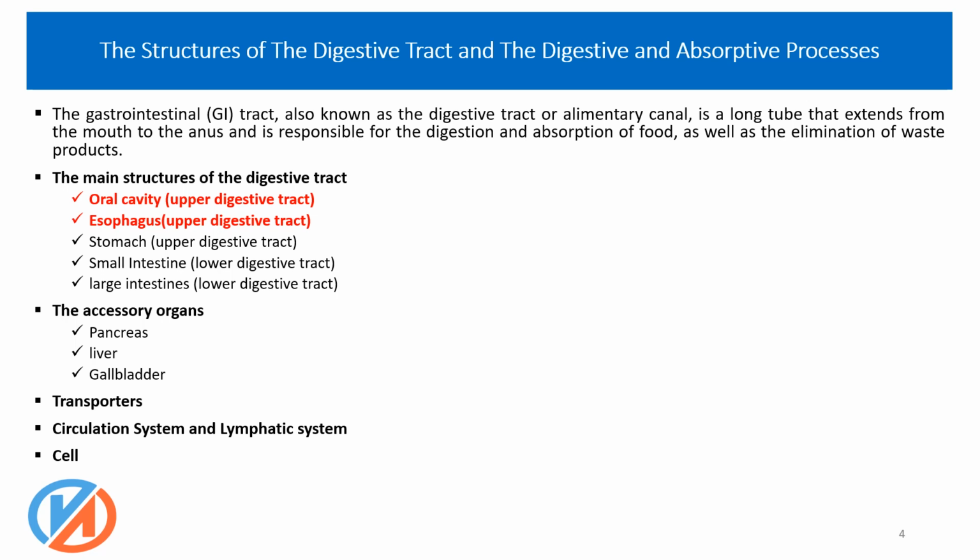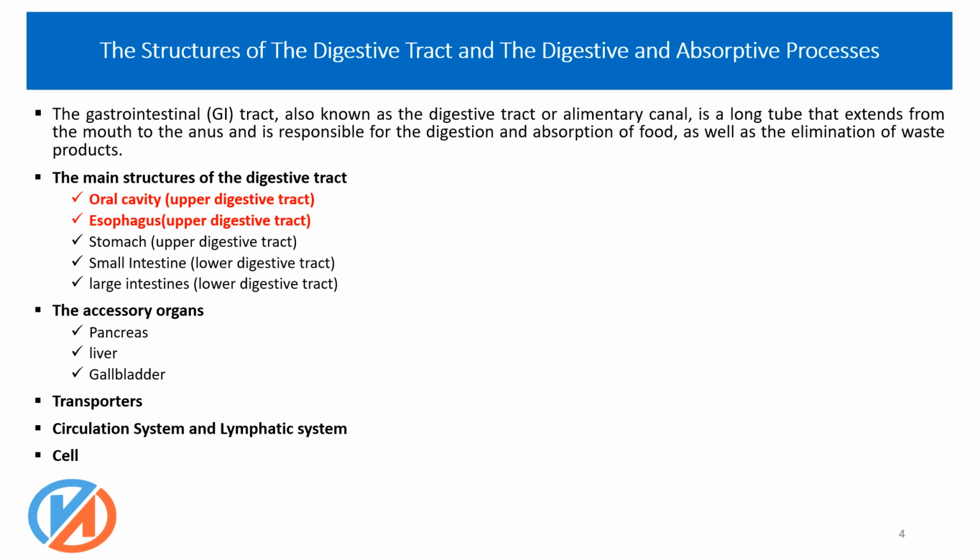The gastrointestinal tracts can also be called the digestive tracts or alimentary canal, and it is a long tube that extends from the mouth to the anus and is responsible for the digestion and absorption of food, as well as the elimination of waste products.